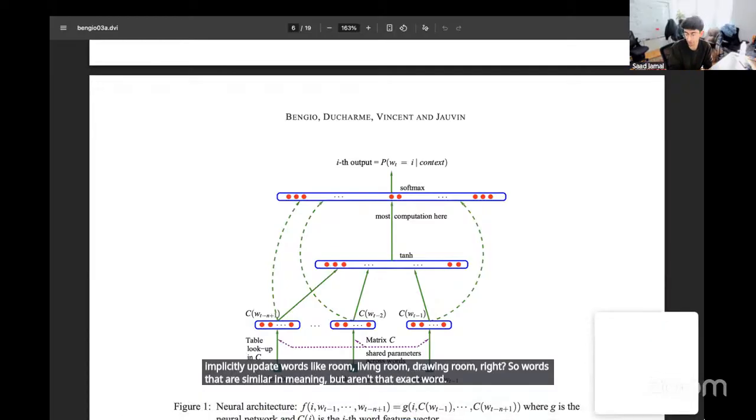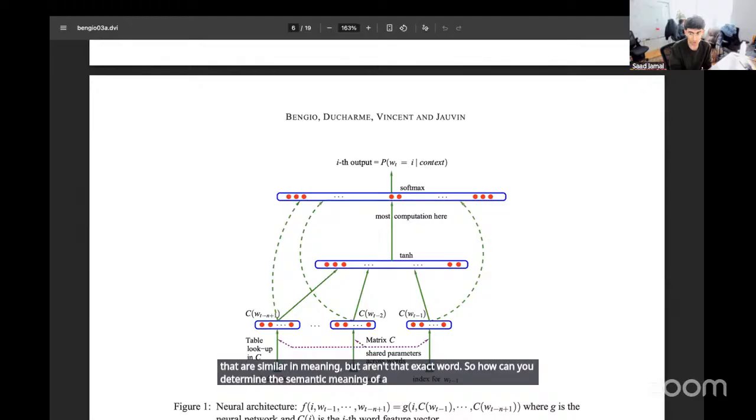So how can you determine the semantic meaning of a word? You can't, other than taking tons of sentences and seeing, okay, the word bedroom was frequently in a similar sentence or similar paragraph as the word room, right?